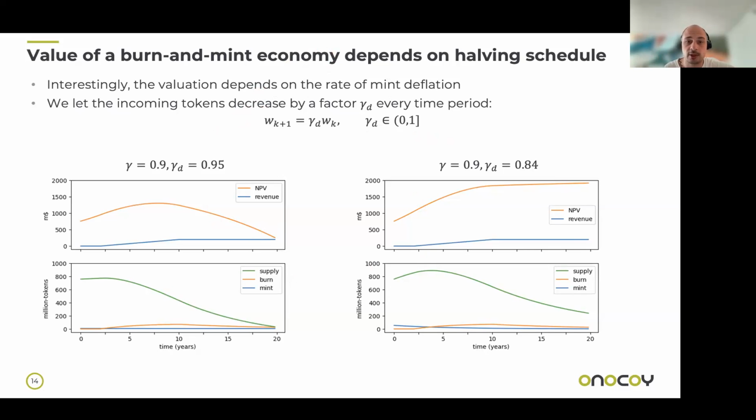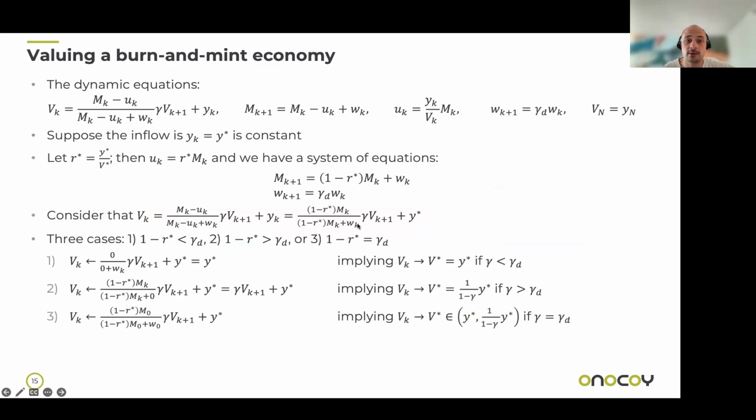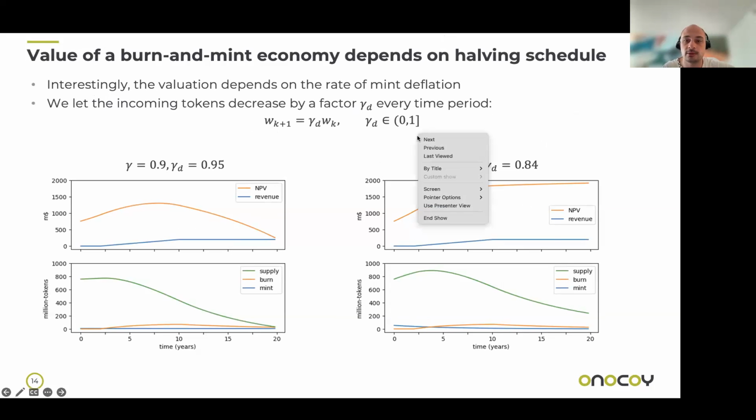So if you then decrease this factor below 0.9, again, let me get a laser pointer. What you get is a stable economy, and it ends up stabilizing. And the value that it stabilizes at is very easy to calculate, so we'll show that in a second.